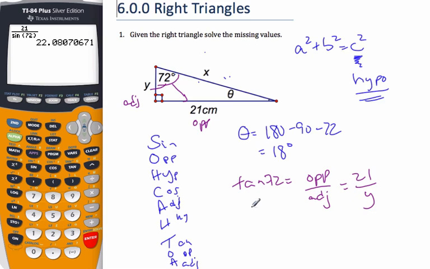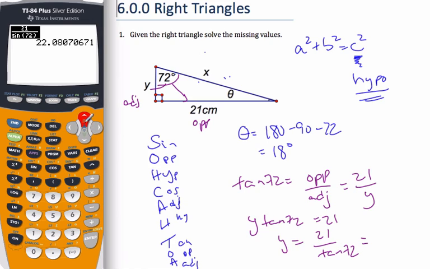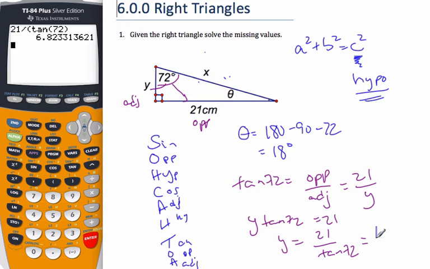If I cross multiply again, I get y tan 72 is 21. And so y is equal to 21 over the tangent of 72, similar to what we just did. Throw this in our calculator. Let's change it to a tangent. Good try. 21 divided by tangent of 72, and I get 6.82. So 6.82 is y. So tangent would work.